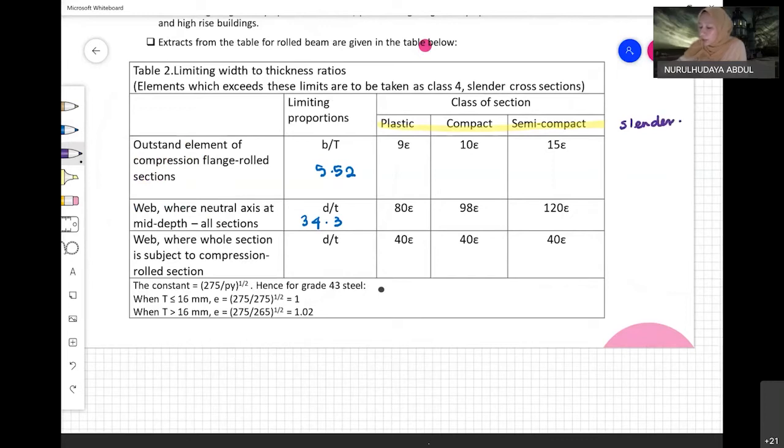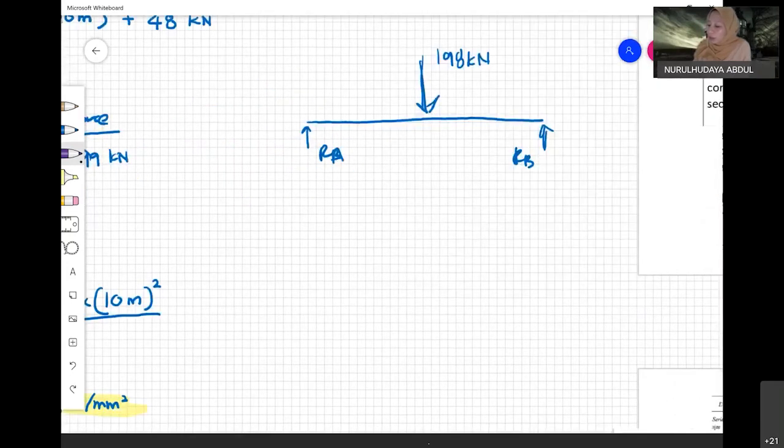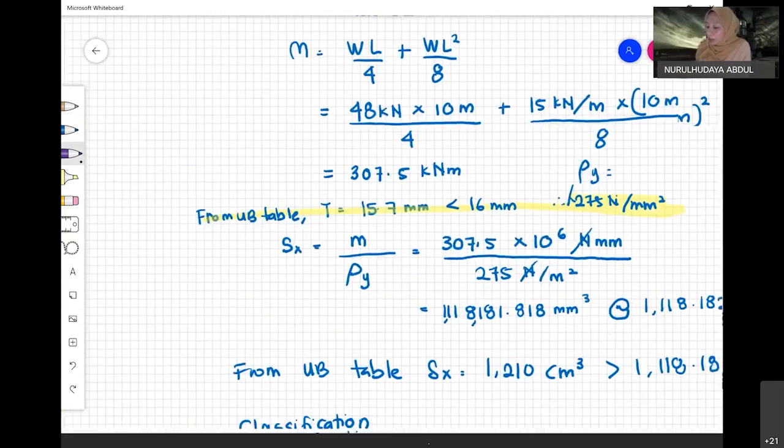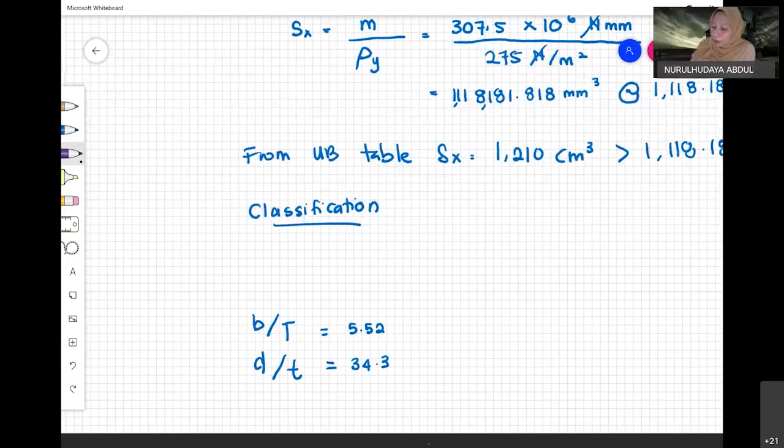Check dulu section kita ni. So 5.52 ada ini. E ni constant. So constant ni kita tak tahu berapa. So mungkin kita kena kira dululah. Tapi saya tahu memang obviously kita nampak constant tu 1. E sama dengan, we know that the formula to find constant is 275 divide by py and you just square root.